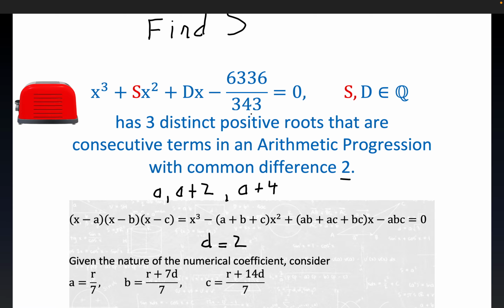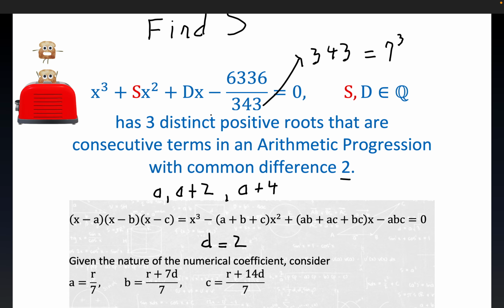Now, also another thing that is quite important here is that 343, and I'm sure a lot of you have seen it, is equal to 7 cubed, right? And you'll note that 343 and 6336 are relatively prime, meaning that this fraction is reduced.